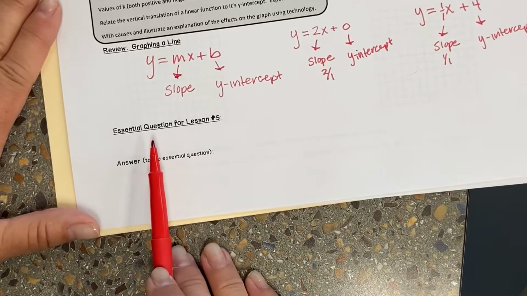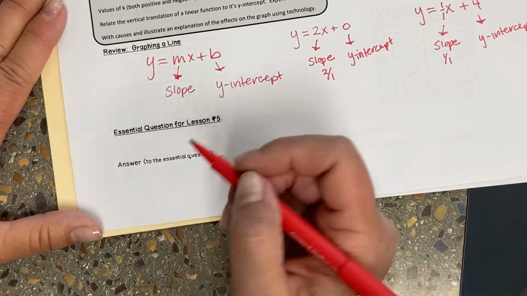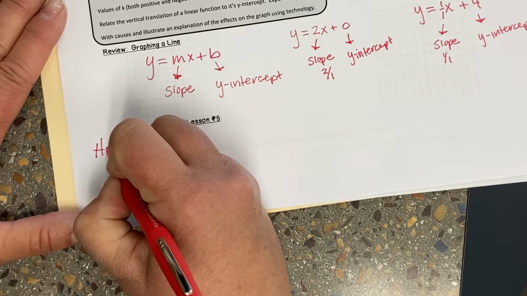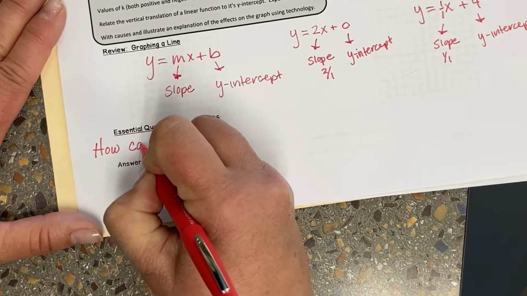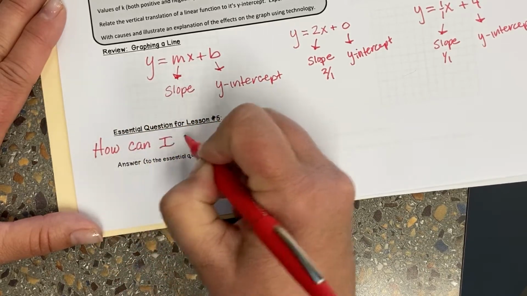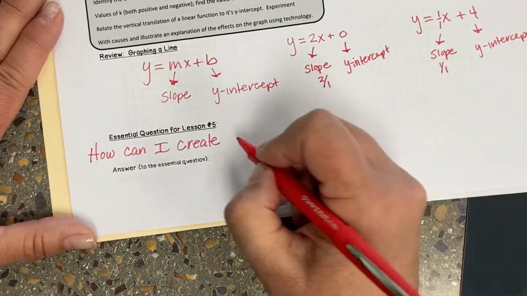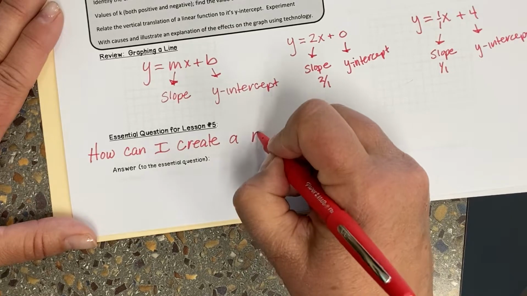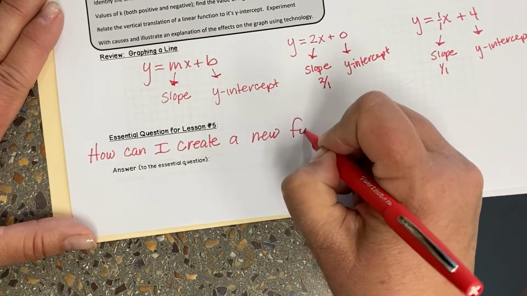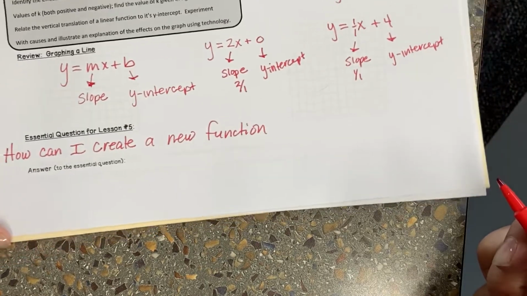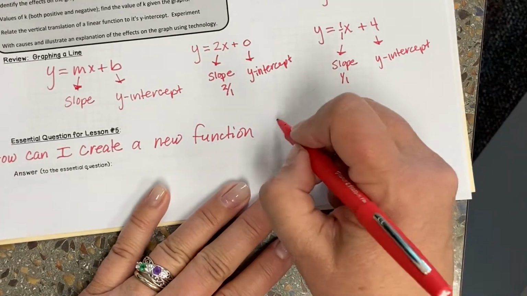Now here we go. Essential question for number 5. How can I create a new function from an existing one?